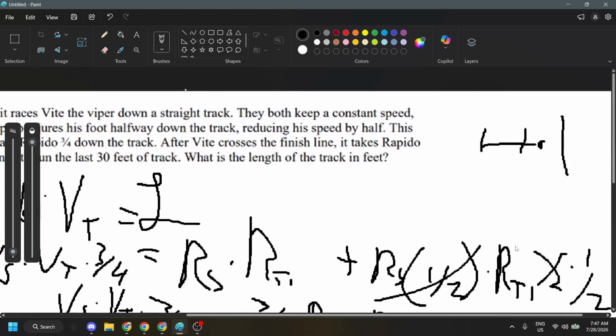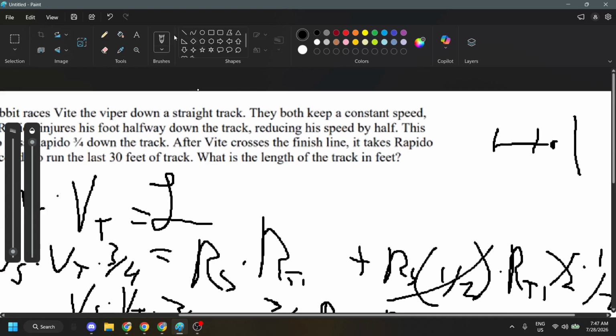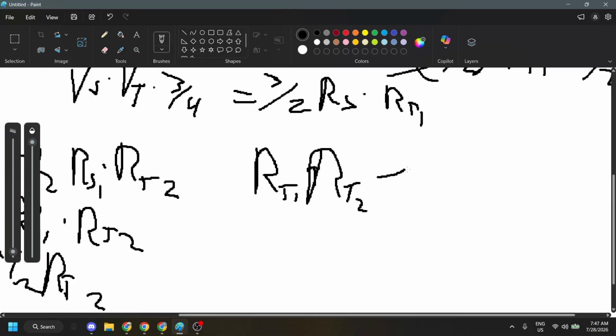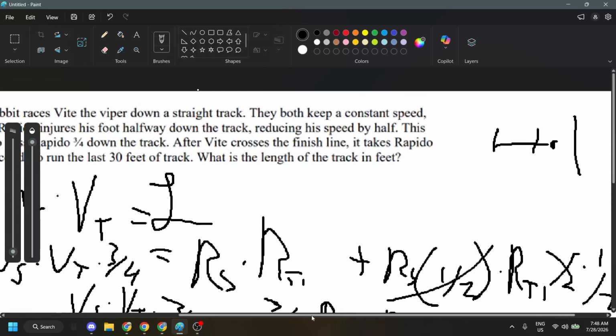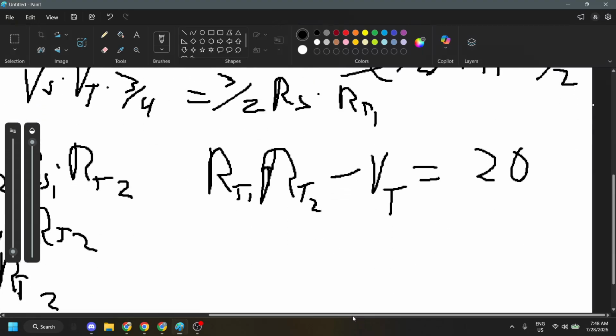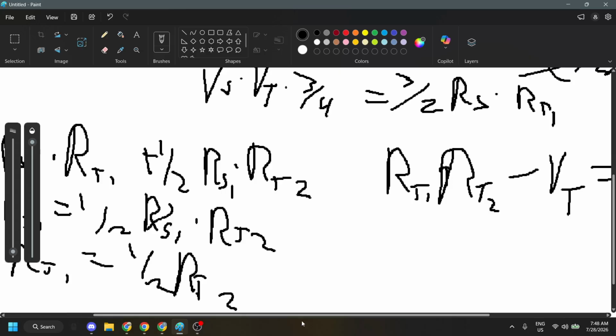If we subtract, no, we have RT1 plus RT2 minus Viper time equal to 20. We can find both of these, or find this, I mean.